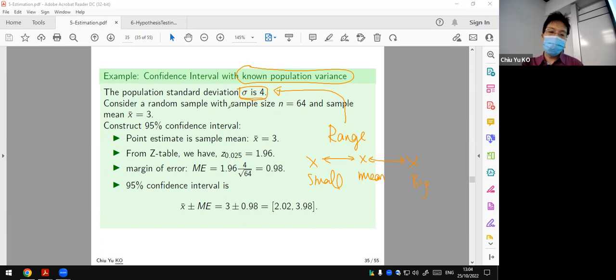You can overestimate, it's not an issue. The problem is underestimating. Because if you get it bigger, the margin of error gets bigger, so it's imprecise. That's okay, you never have a problem having an imprecise one. So that is usually how you get sigma: look at the range, and half the range is the maximum SD you can get.